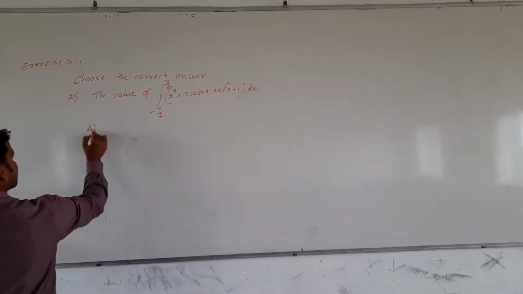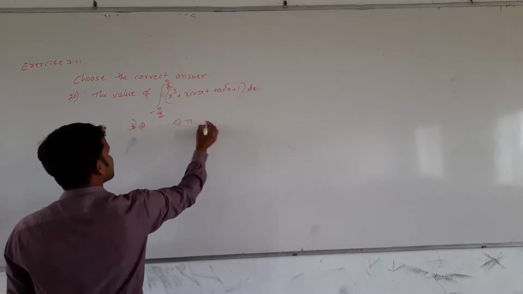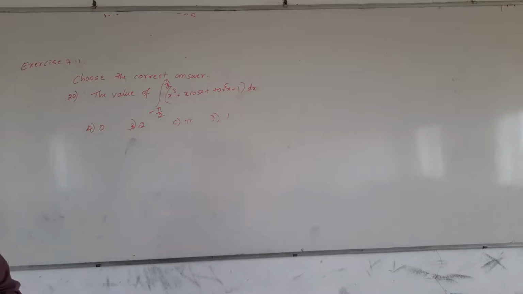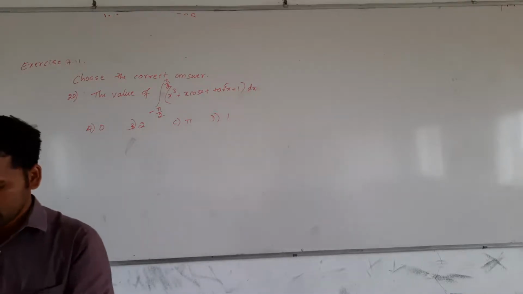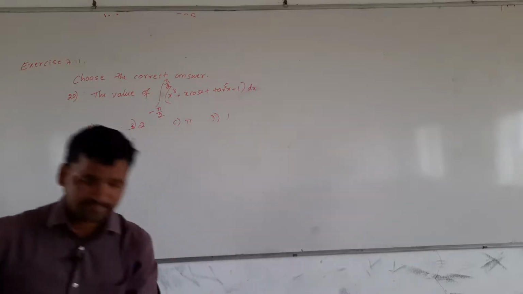Option A is 0, option B is 2, option C is pi, option D is 1. It is a very simple one. Those who know the properties of definite integrals, it will be easy.